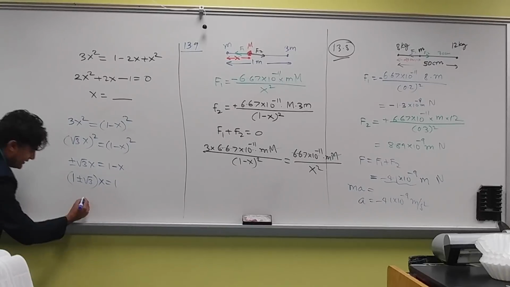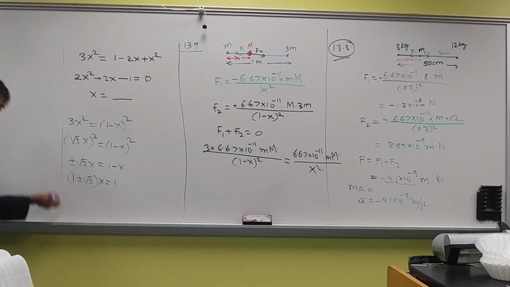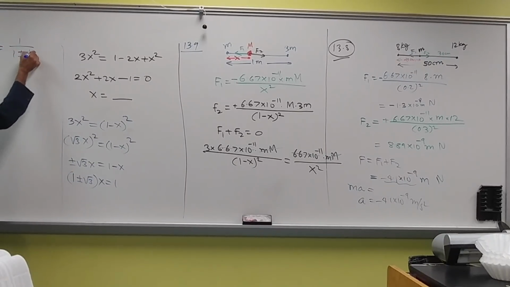Now look at the beauty here. The x equals, well, this is a little easier, right? Now x equals what? Your x equals 1 over 1 plus minus square root of 3. Which one do you think will be the right answer? Plus or minus? Plus. If you place minus, then the denominator will be less than 1, meaning dividing 1 by less than 1 will be more than 1.